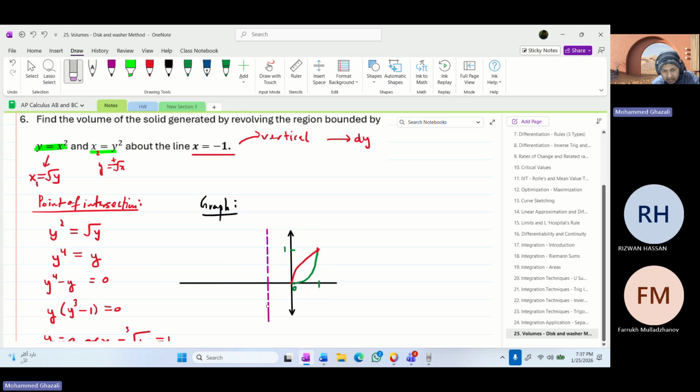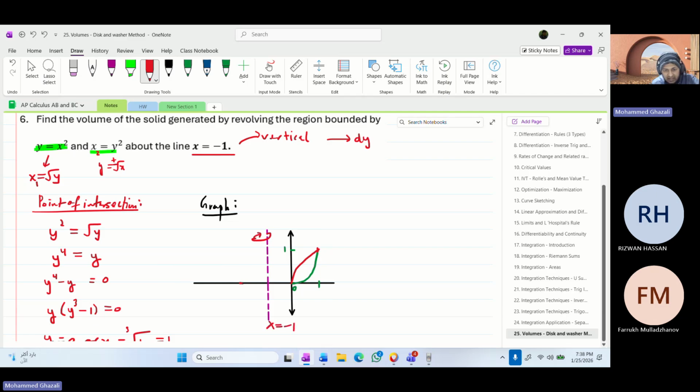Guys, you can't sit and chill with these types of questions. You've got to do some work to solve, right? So let's continue. I'm trying to draw the mirror image of this now because I'm rotating about this line. So this is x equals -1.